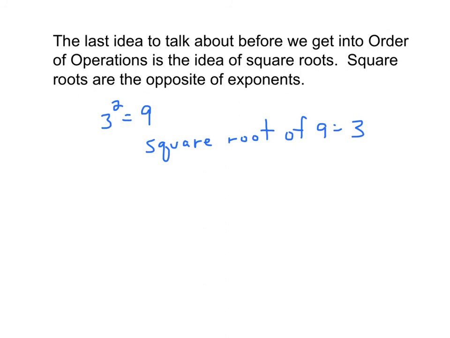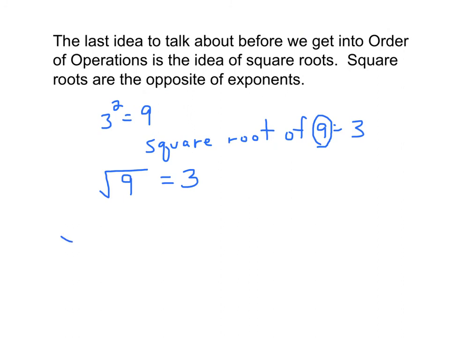Because what I'm asking for with the square root of 9 is what number can I multiply by itself in order to get 9? The square root is written with a symbol, the square root symbol, and you would normally see it written like this, the square root of 9. The square root of 9 is equal to 3, as I say, because 3 times 3 is equal to 9.